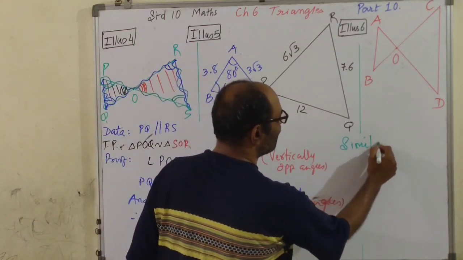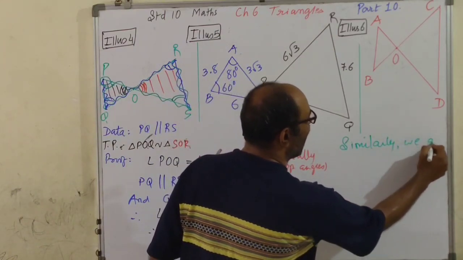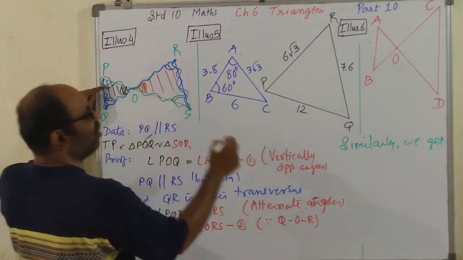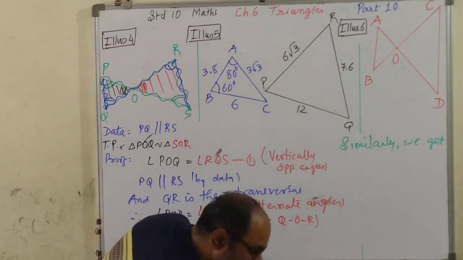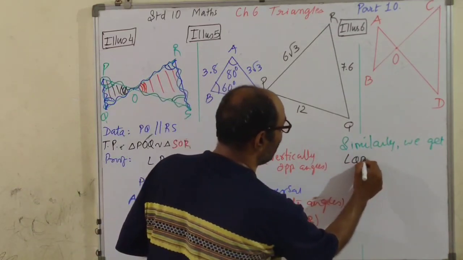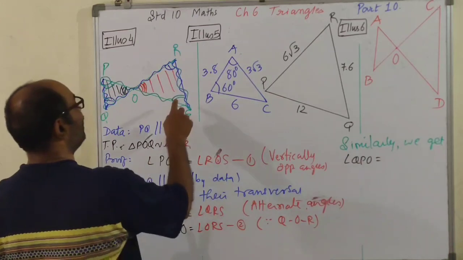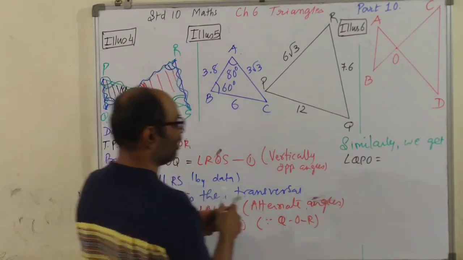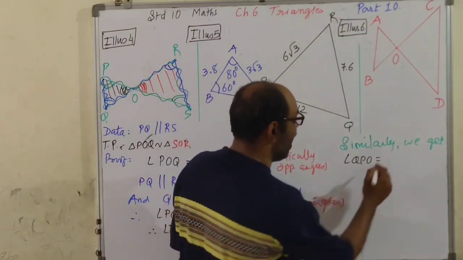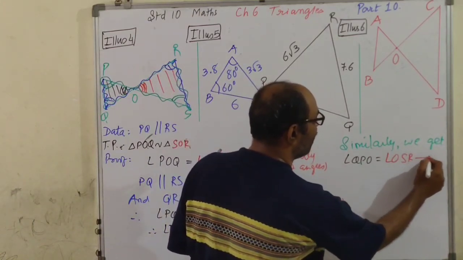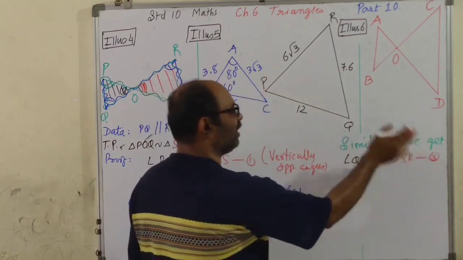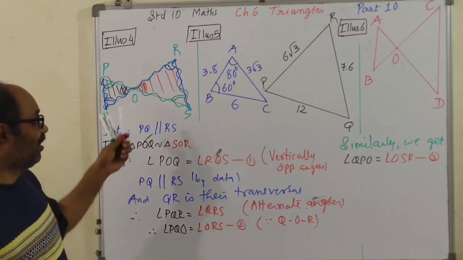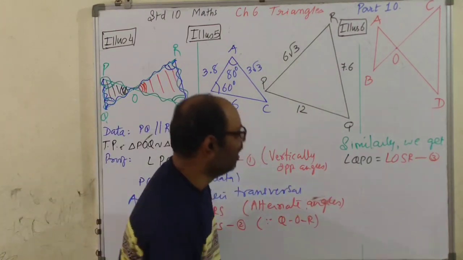Similarly we get which angle? This green one, QPO. Angle QPO is equal to this green one, between the green serpentines, OSR. Angle OSR. Result 3. Similarly is written, so you don't have to write the reason. Finished. All 3 corresponding angles are equal.